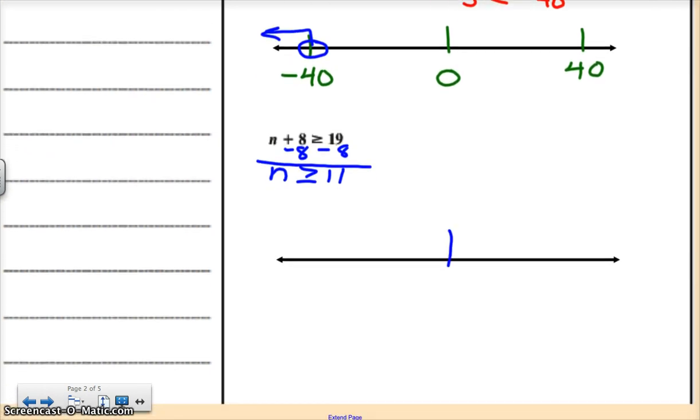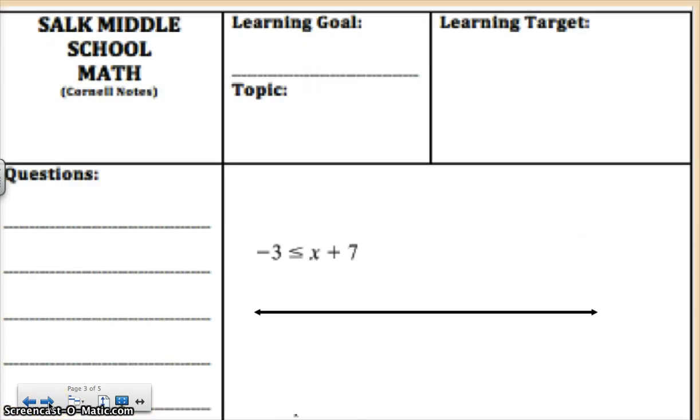Making a new number line here, 0, the 11 I want, and its opposite. Do I have an open or closed circle? Closed circle, because there's a line under it. Color it in. Going to left or right? Going to the right.